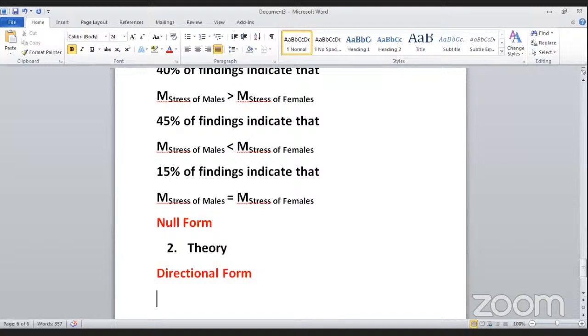So I close this particular point by saying that for formulating the hypothesis in the null or the directional form, you have to have a base. But to decide the types of hypothesis, it is the goodwill, the personal choice of the researchers. So now I come to the next point, the types of hypothesis.